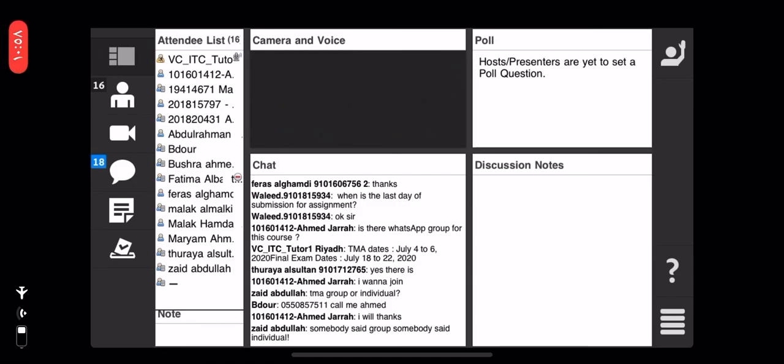So we are done for today. Anyone who wants to leave can leave. From the girls' side, any questions? We have Fatima, Maryam, Bushra, Manal. Do you have any questions? Because there was zero participation from the girls' side today.